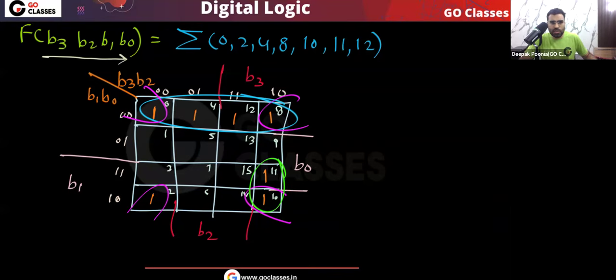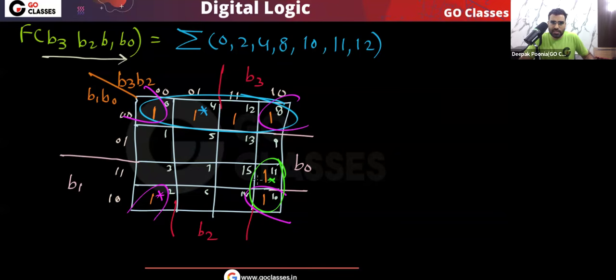Okay. One thing you notice here, that these are the prime implicants that we have created. All these cubes are prime implicants, and every prime implicant here is EPI. Okay. Essential prime implicant. What is an essential prime implicant? That is a prime implicant which will cover at least one cell uniquely. Okay. You can see that this blue prime implicant will cover this one cell uniquely. You can see this corner PI will cover this one cell uniquely. And you can see this green PI will cover this one cell uniquely. Okay, correct.